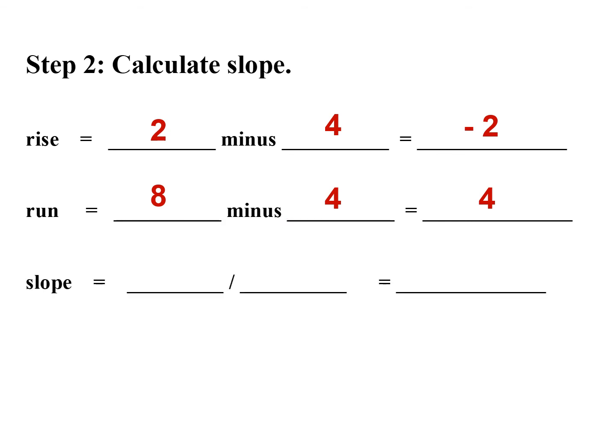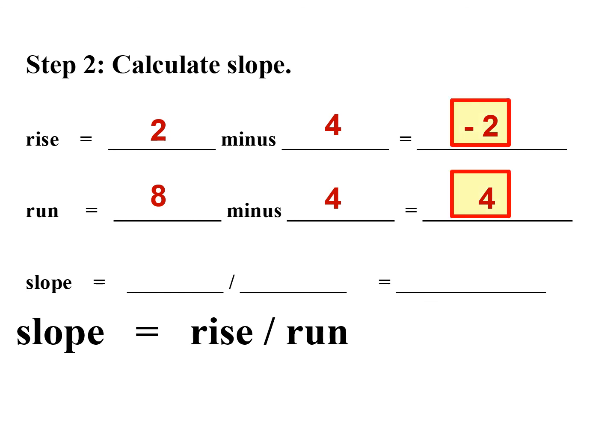And we can calculate the slope. Again, the slope is the rise divided by the run. Here are the rise and the run.